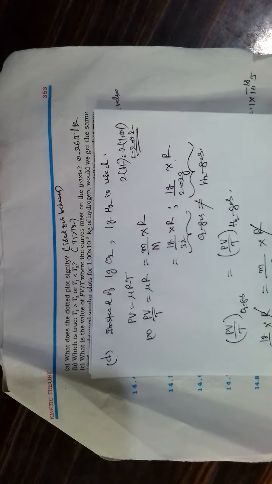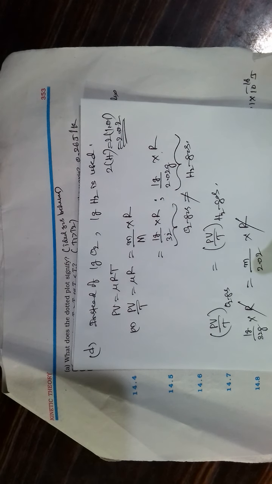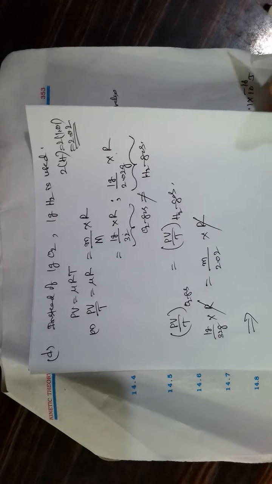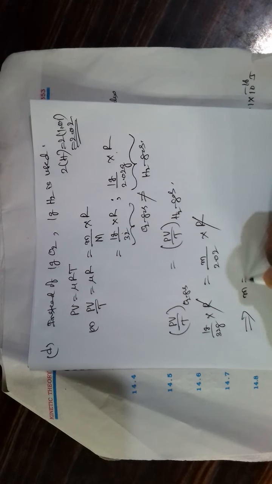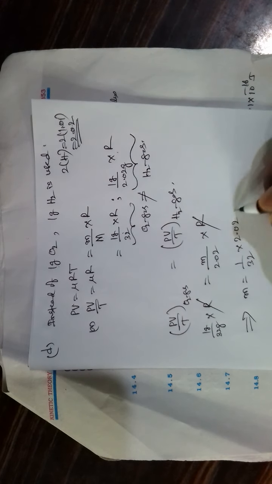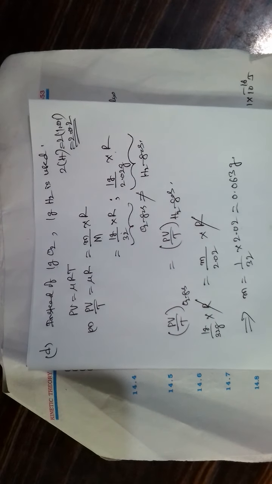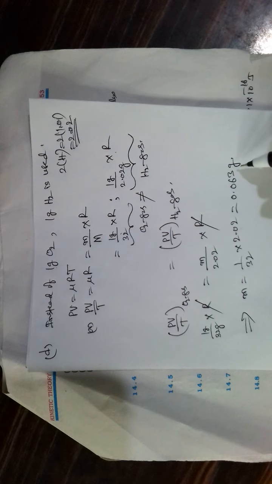M, molecular mass 2.02, into R. R gets cancelled. M is equal to 1 by 32 into 2.02. So this much hydrogen is required.